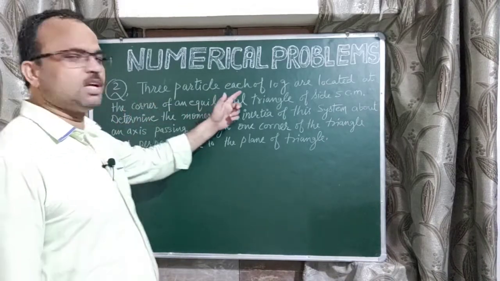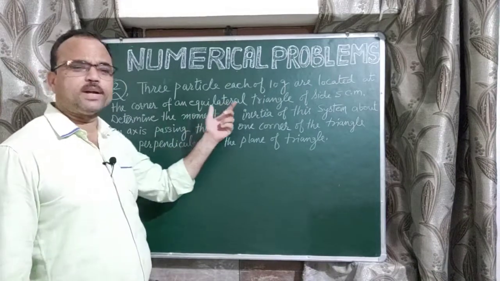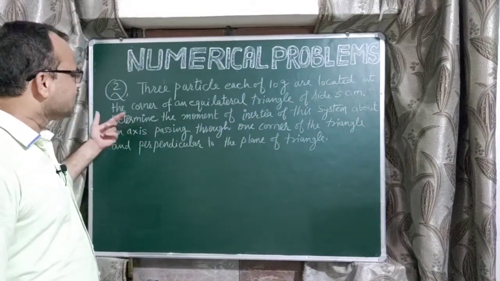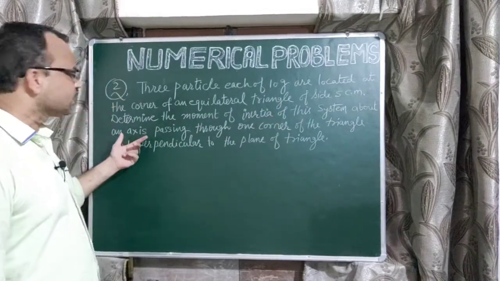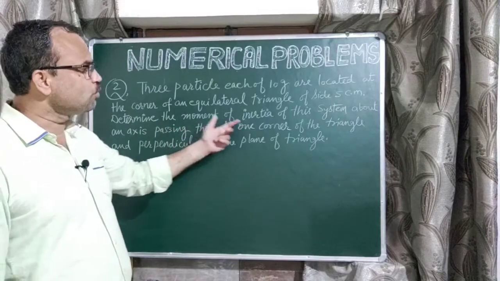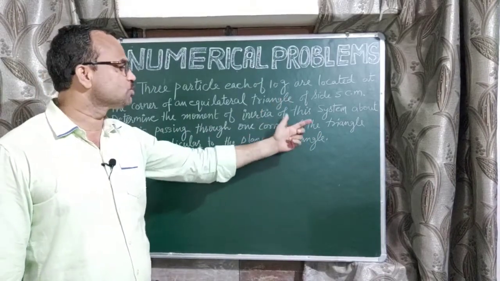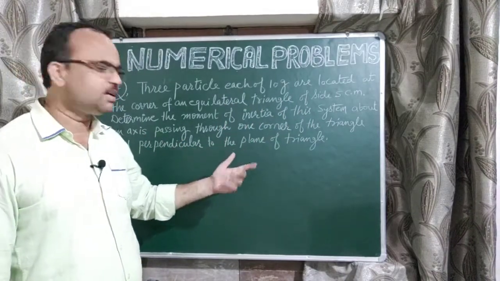Three particles, each of 10 gram, are located at the corners of an equilateral triangle of side 5 centimeter. We have to determine the moment of inertia of the system about an axis passing through one corner of the triangle, meaning the axis passes through one of the corners and is perpendicular to its plane, right?